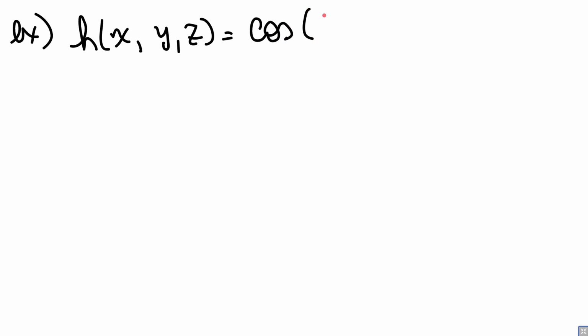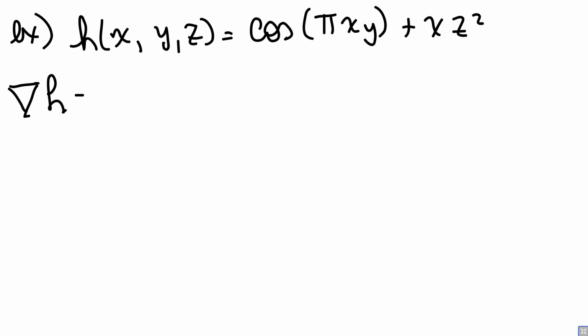So what we're going to do is start off with our function, which is defined as the cosine of pi xy plus xz squared. The first thing we're going to do to help us is find the gradient of h.